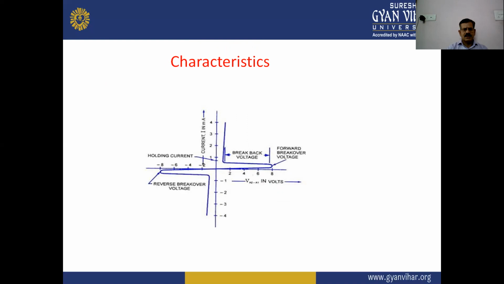This is the characteristics of the Triac, which shows the VI characteristics, or graph between current versus voltage. There are different parameters.